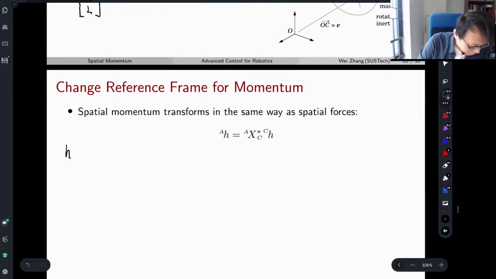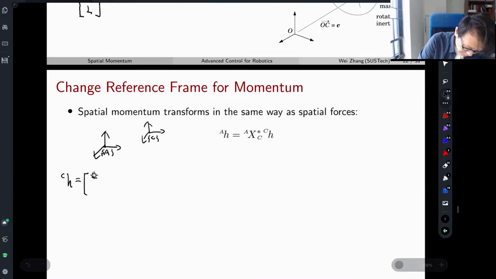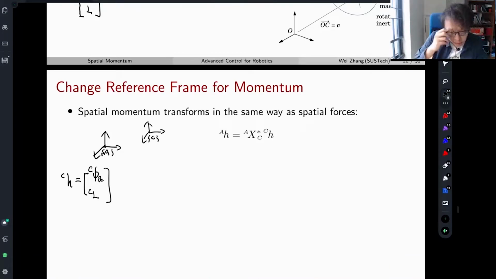Suppose I have two frames: an A frame as my frame, and maybe a central mass frame, C. I will express this momentum initially as L in C. Sorry, first is the angular momentum, so this is the angular momentum about C in C. Let me be more clear: that will be the origin of the C frame, in C, and L in C. I don't write anything here because L doesn't depend on the reference point.